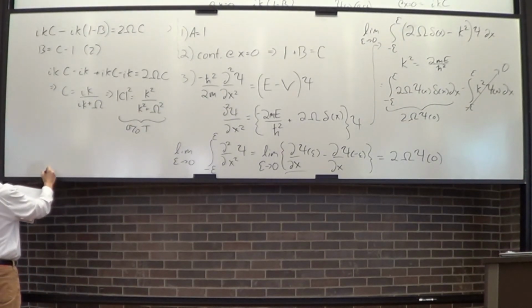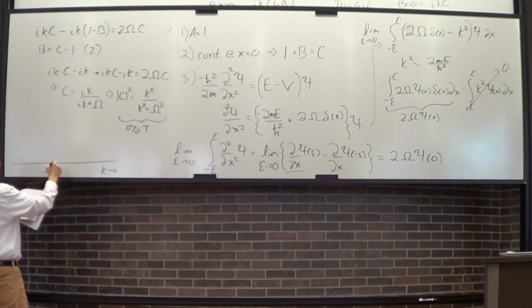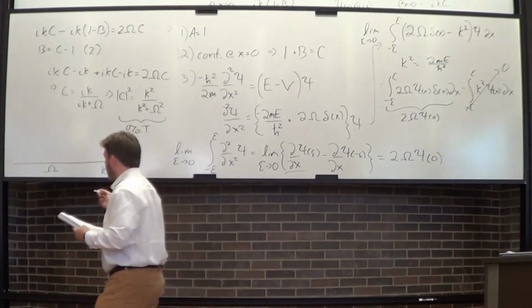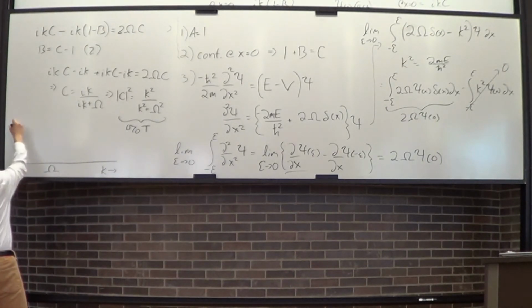Anyway, on my axis here is K, and you know that that's increasing energy, right? So I'm just putting it in a slightly easier way to calculate.